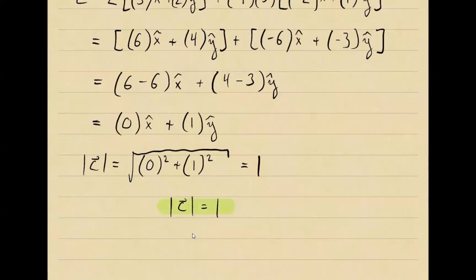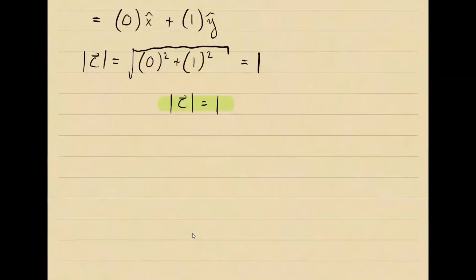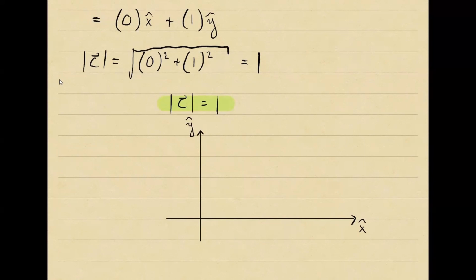And the second part of the problem is saying, what direction is this pointing in? Well, looking at a picture of our axes, so we have the x direction, we have the y direction, and then we have this vector c, which according to this says that it has 0 component in the x direction, so it doesn't point in the x direction, and it points upwards in the y direction by 1.